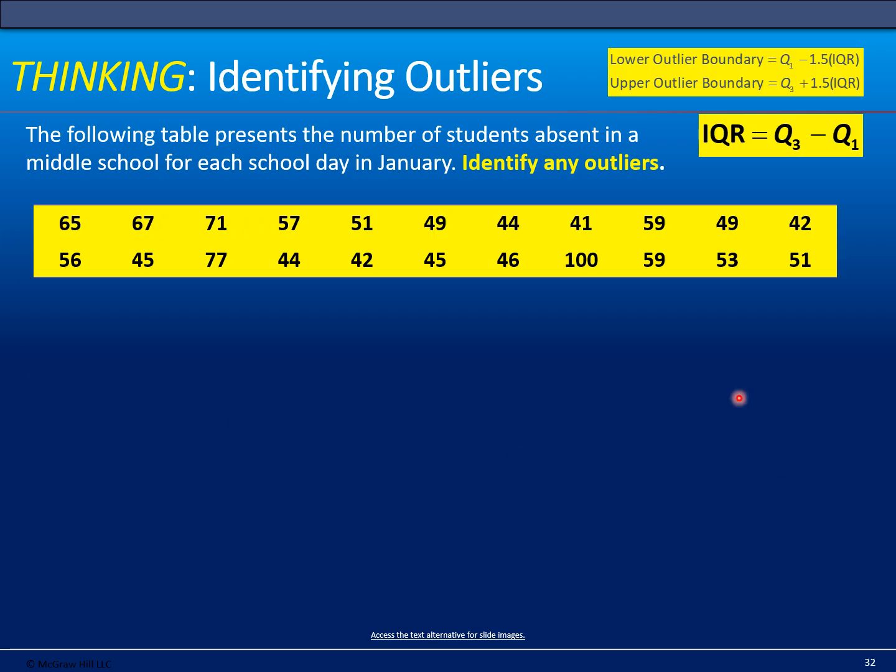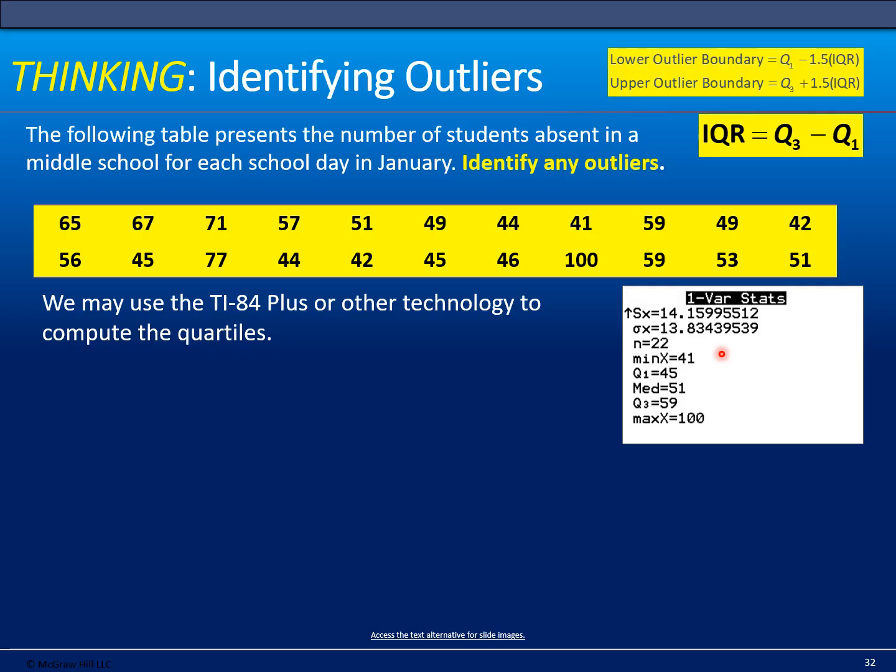So we have 22 data points. 22 times 0.25 will give us quartile 1. 22 times 0.75 will give us quartile 3. However, here I've gone ahead and used the data, so you have it there.